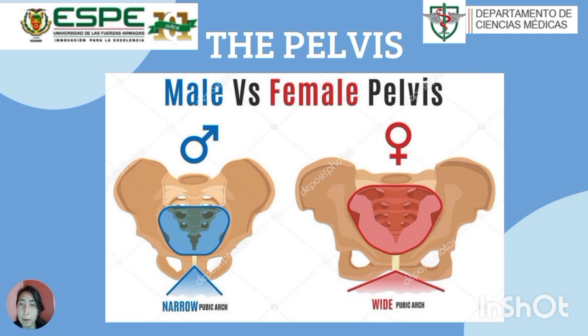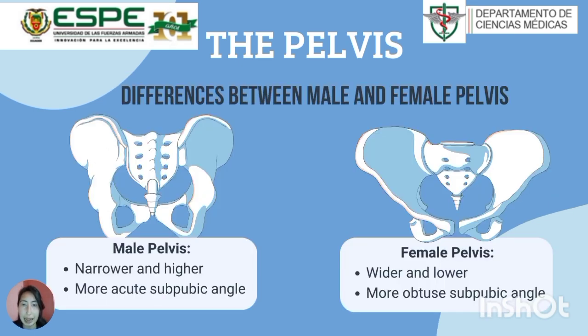Difference between male and female pelvis. It's important to know that the pelvis differs between males and females. The male pelvis is generally narrower and higher, with a more acute subpubic angle, while the pubic symphysis is formed. In contrast, the female pelvis is wider and lower, featuring a more obtuse subpubic angle.